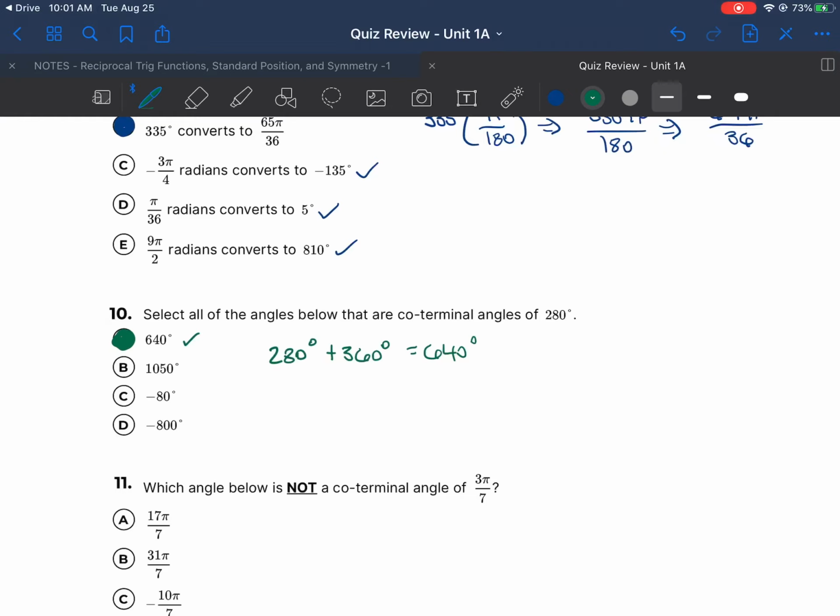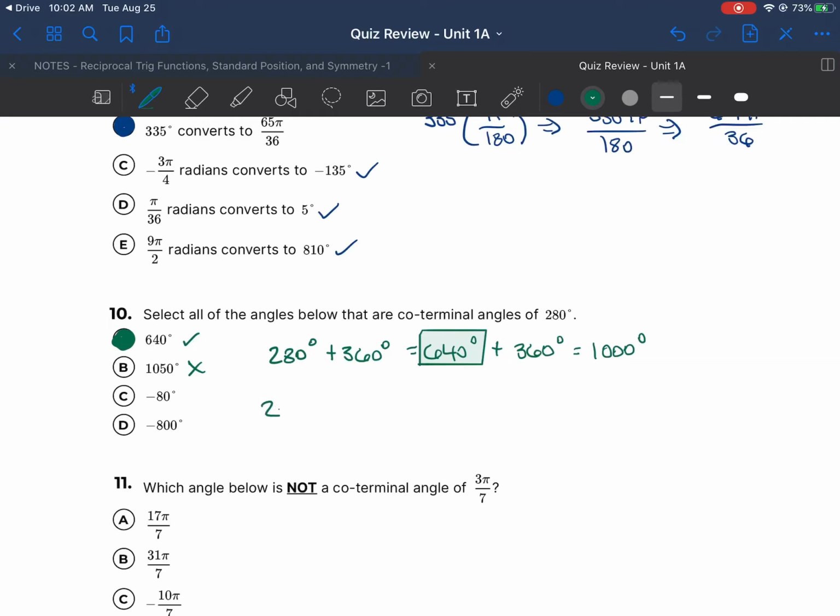If I add 360 again, we get 1,000 degrees. B says 1,050, and we know that if we added 360 degrees one more time, we would go over 1,050, so we know that B would not be correct. So far we've got 640 degrees, that's coterminal, and notice that answer choices C and D are both negative angles, so we don't need to continue to add multiples of 360. That's not going to do us any good.